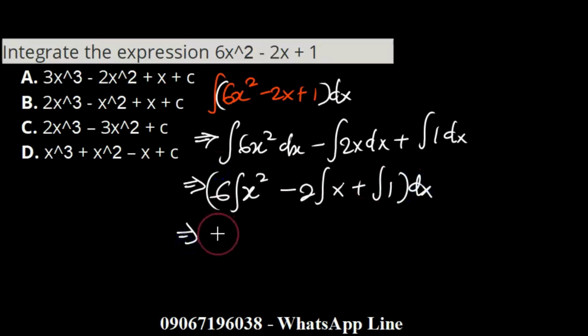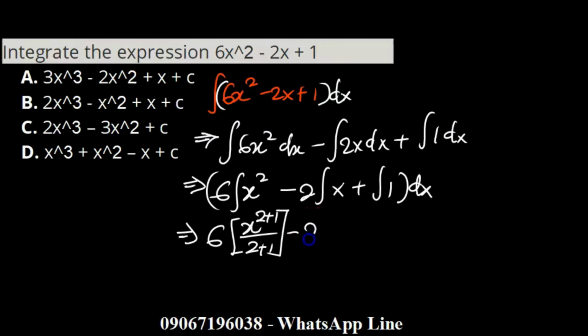Moving on from that, this is going to give us 6. Remember, we integrate. Now let's start our integration. Integration of x squared is going to give us x raised to 2 plus 1 over 2 plus 1. Let's make that more legible. So it's going to become x raised to 2 plus 1 divided by 2 plus 1.